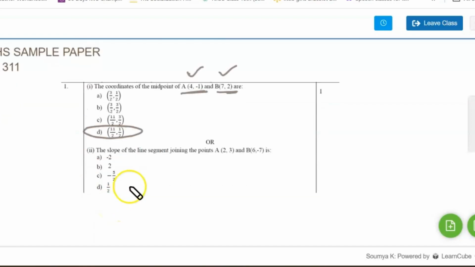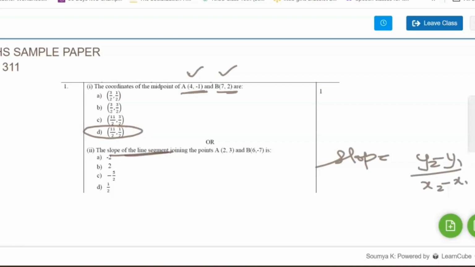The next question that comes in the OR part is the slope of the line segment joining the points, 2 points are given. So you have to use a different formula for the slope of a line segment. Similarly, for slope you have another formula, that is y2 minus y1 whole divided by x2 minus x1.